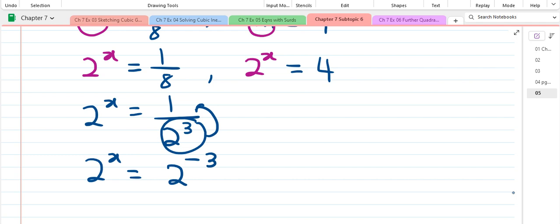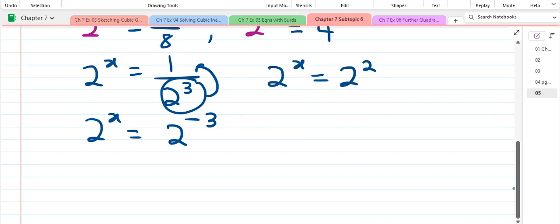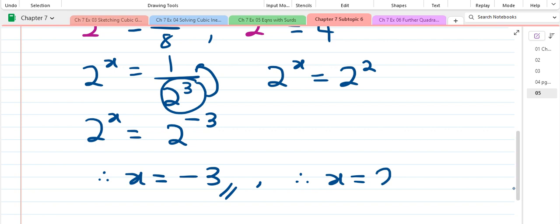So the sign of positive 3 becomes negative 3, and as for this one, 2 to the power of x equals to 2 to the power of 2. So now there we have it. The solution for x, the first one is negative 3, and the second one is x equals to 2.